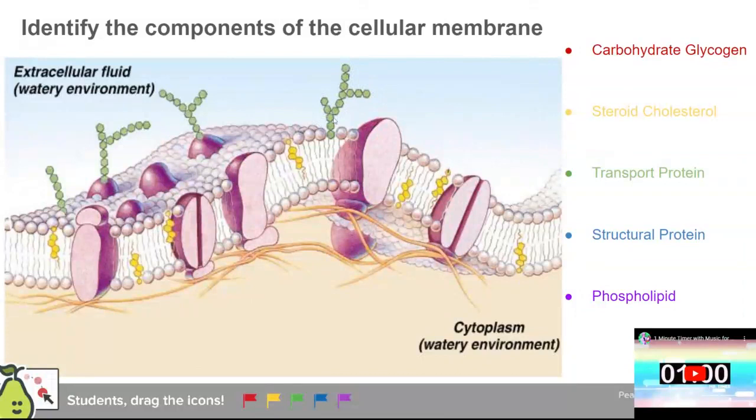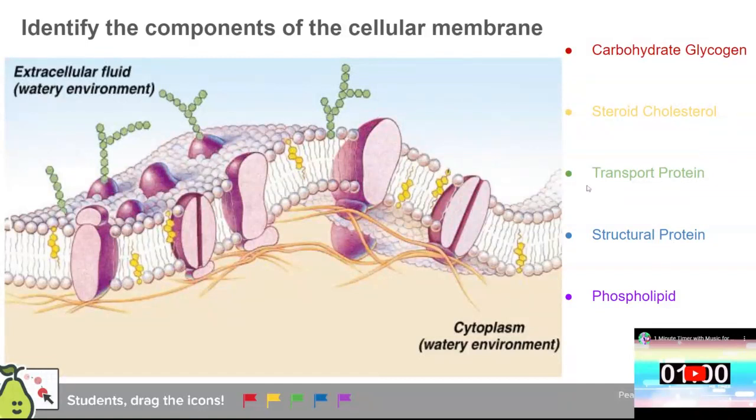I can tell it's glycogen because of its branched structure, and also because this looks like a little glucose, a 6-carbon ring. Steroid. Here we can see these little yellow items right here are steroids. And I know that they're steroids because of the shape. They have these 3 rings and then a little tail. And also it's embedded in between the phospholipids.